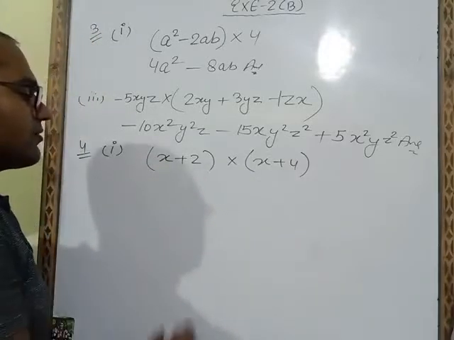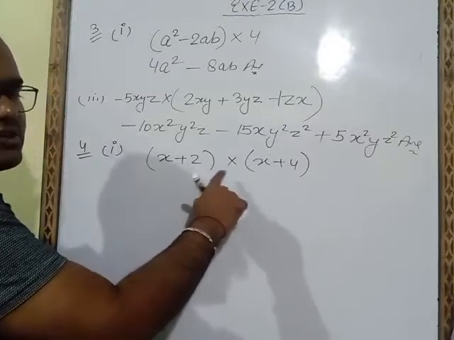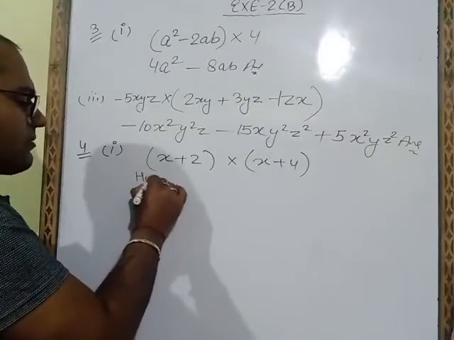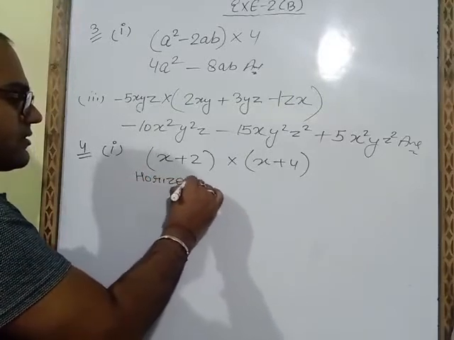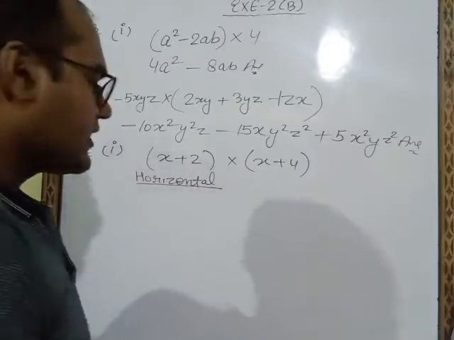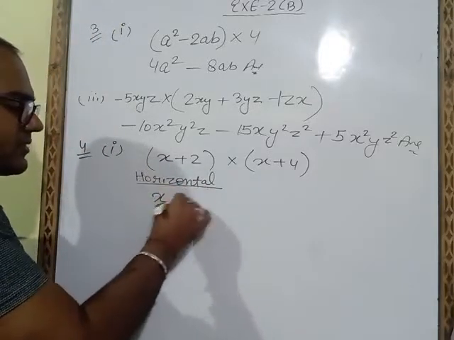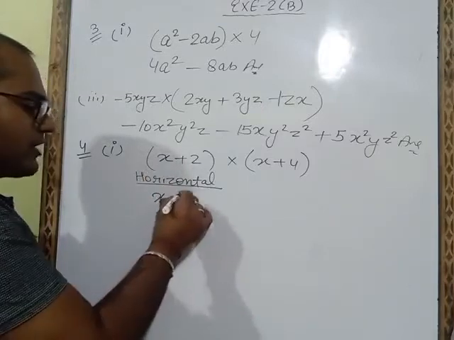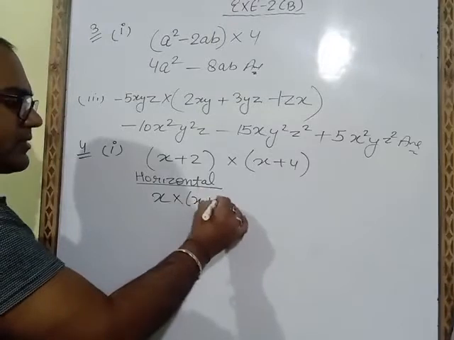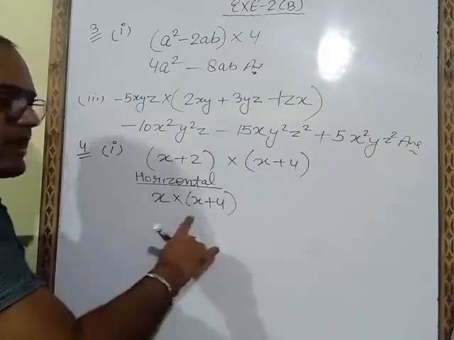Now two methods are there to solve such types of multiplication. So the first method is the horizontal method. So in the horizontal method, what you have to do? In the horizontal method, the first bracket's first term we have to multiply with the second full bracket.